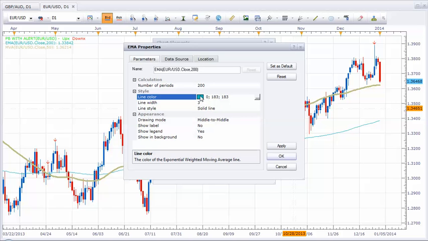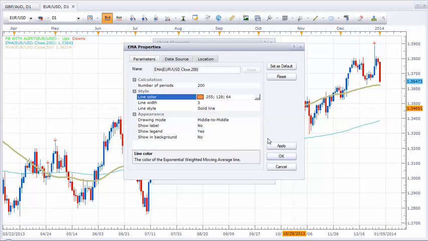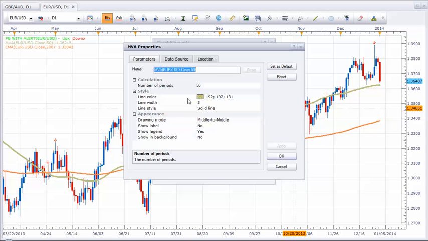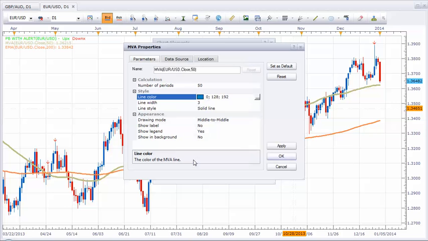And let's see if we can change the color to, I like this for the 200 EMA. And the 50 will change the color as well, to, let's say, this. Okay.